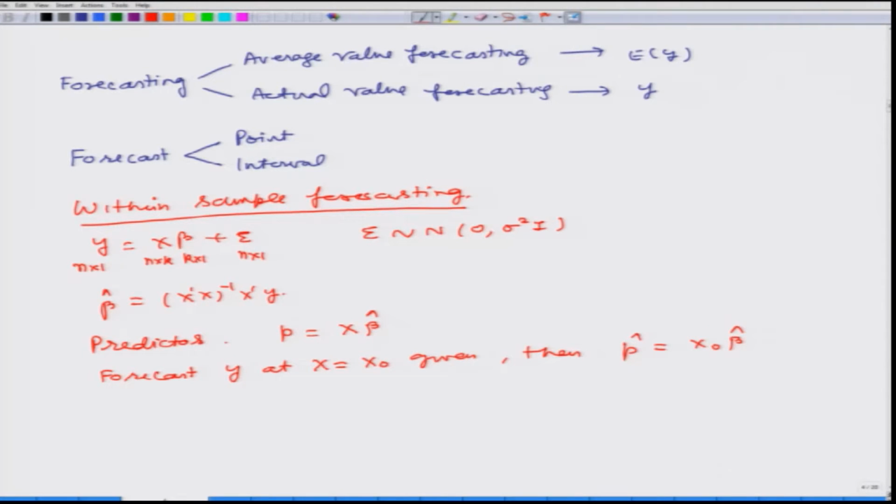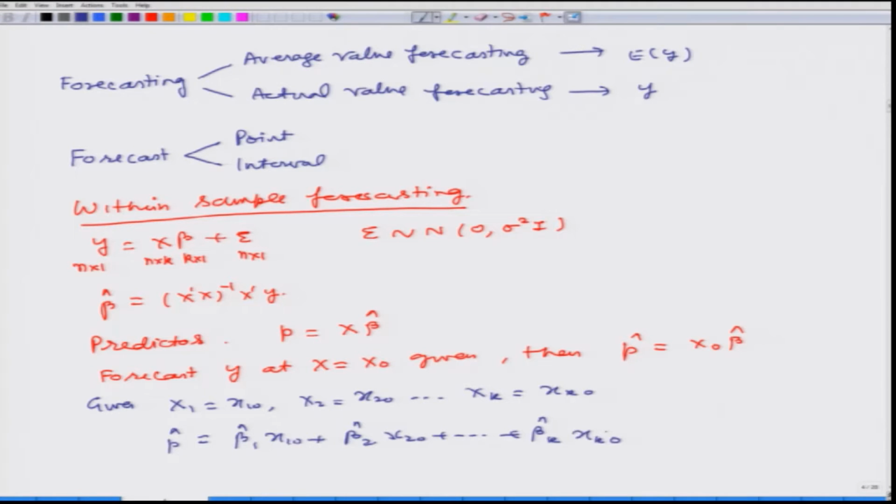Right. So, for example, if I say that we are given, suppose the first value of x1 as say x1 naught, second value of x2 as x2 naught, and so on, the kth variable is having the value xk naught, then your predictor is going to be beta 1 hat x1 naught plus beta 2 hat x2 naught up to beta hat k xk naught.